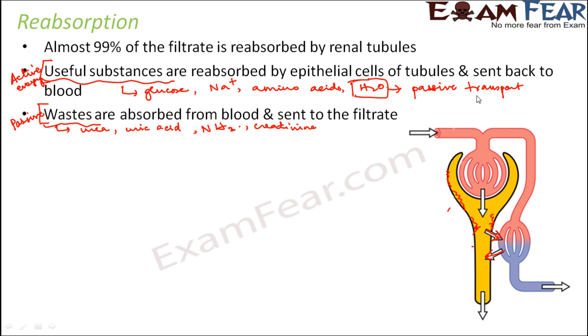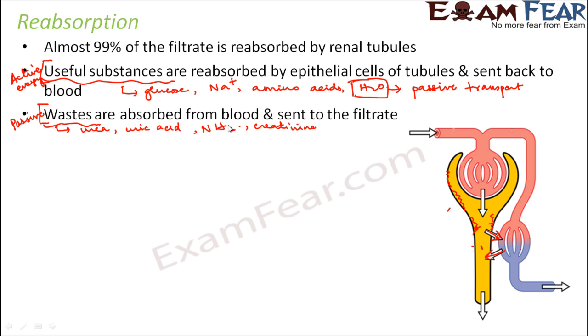So water will move from the dilute filtrate into the concentrated blood, because the blood in these capillaries has come from the efferent arteriole, which contains concentrated blood. The water concentration is more in the filtrate when compared to the concentrated blood. So water will also move from the filtrate into the blood.